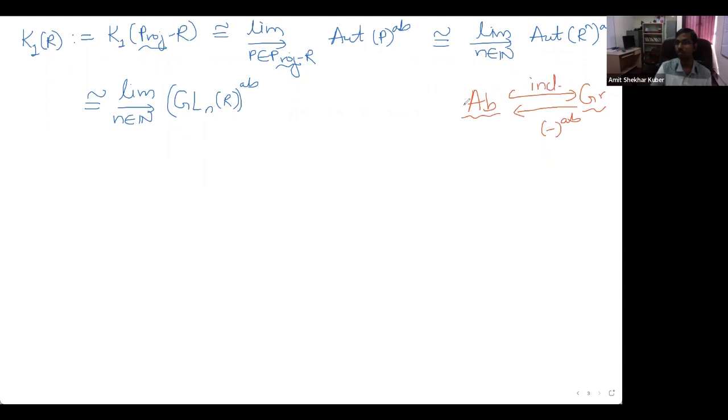So this is the inclusion functor and this is the abelianization functor. And we know that the abelianization functor is a left adjoint. Okay, so it's a left adjoint, therefore it preserves colimits. So we can take this direct limit inside and then take abelianization. So it will be the abelianization of the direct limit.